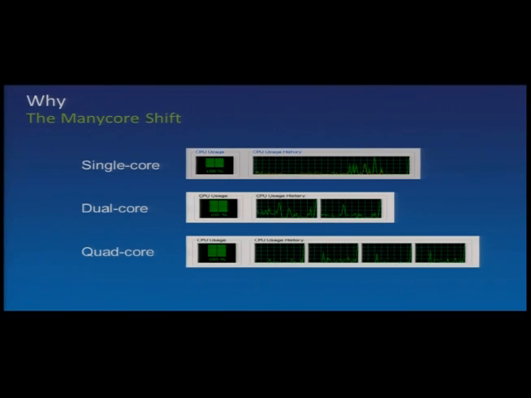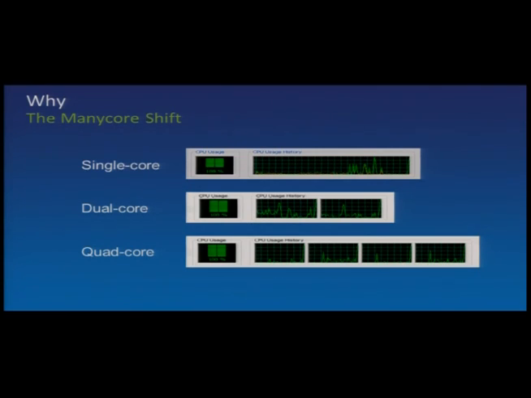And for a long time, hardware manufacturers were able to translate those extra transistors into higher clock speeds and more efficient single-threaded execution. They used deeper instruction pipelines and smarter and bigger caches and branch prediction and all of these tricks.